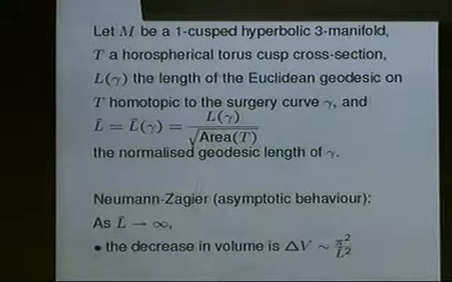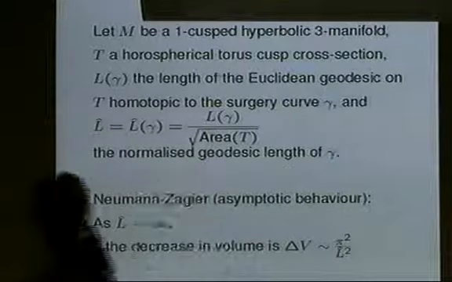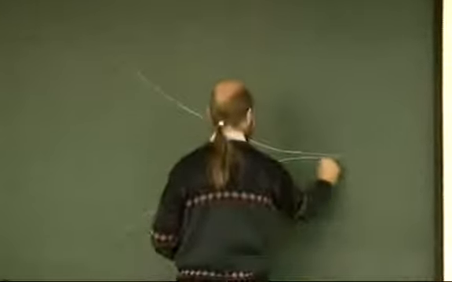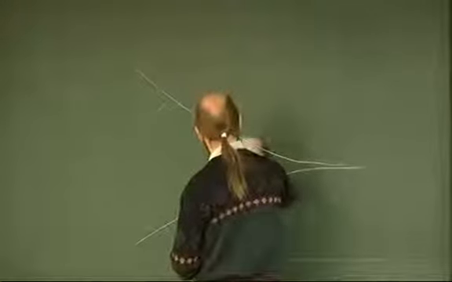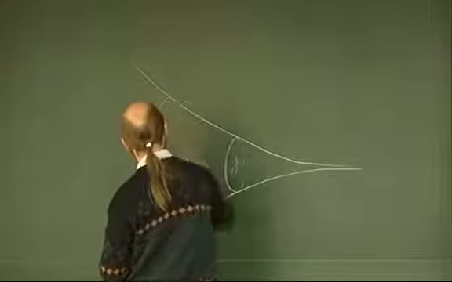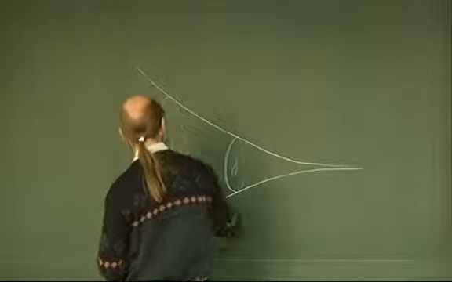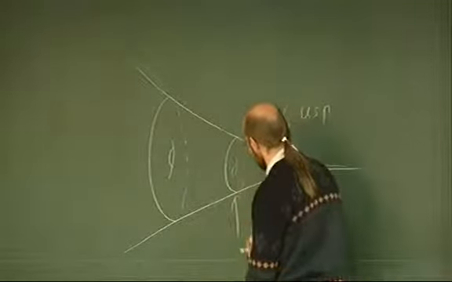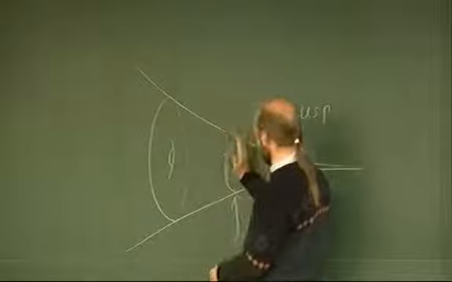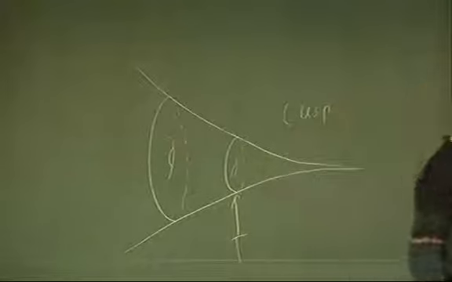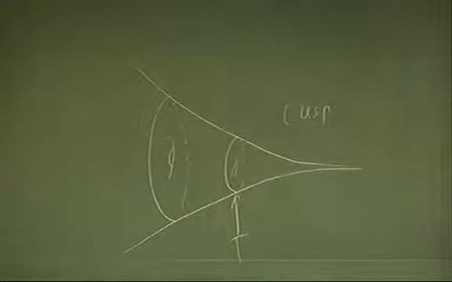So if we go back to the picture of the cusp, here's a picture of a cusp, and there are lots of choices for the torus T. You could take one of these cross sections, or you could move it in and out, and you'll get Euclidean structures which just differ by scaling.